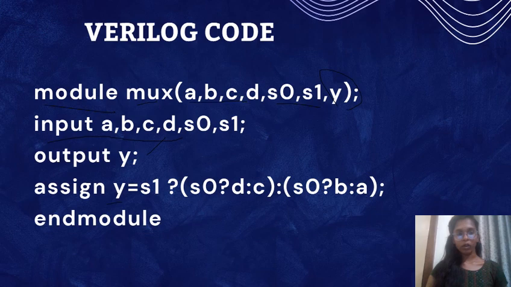Output Y equal to S1, S0, D, C, S0, B, A. It is a condition for the 4:1 mux and we are declaring here module and here end module. This is the Verilog code for 4x1 mux.